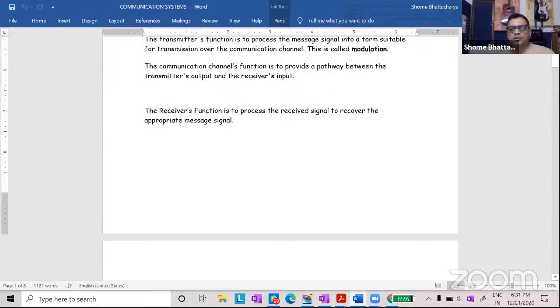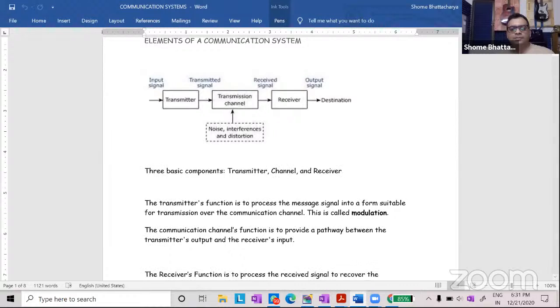Now, before we go ahead, let's understand what happens to the wave between the transmitter and the receiver as it's going through the transmission channel. The important things that the wave suffers: one is noise and interference.